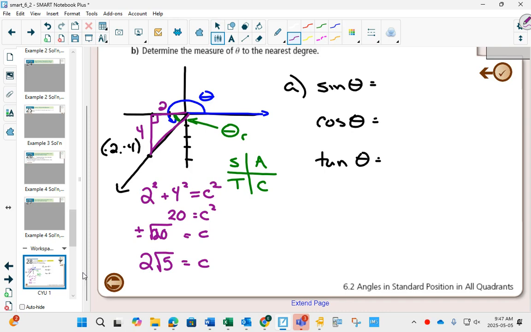So I can label that on my triangle as well. I know this side is 2 root 5. So really important that we draw that triangle back to the nearest x-axis to use our reference angle.